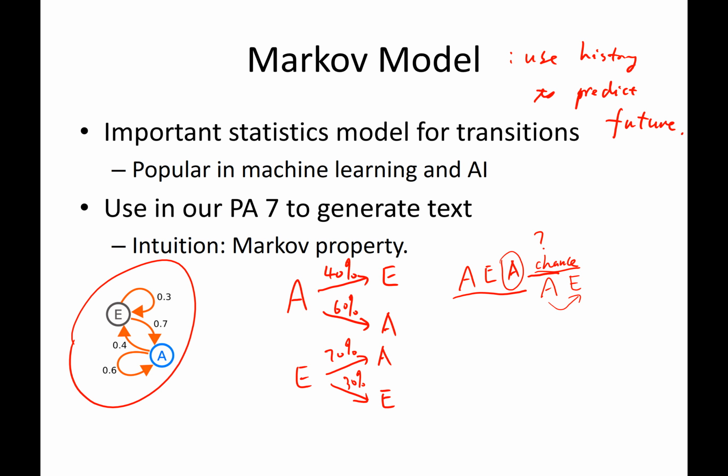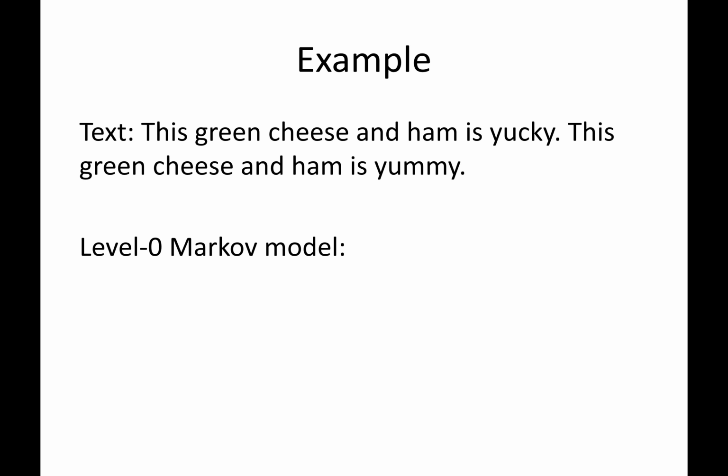The idea of a state might be a bit too abstract, so let's look at a single example. In our PA7, which we will release later on, we are given some text, which can be long, and this text is our history.